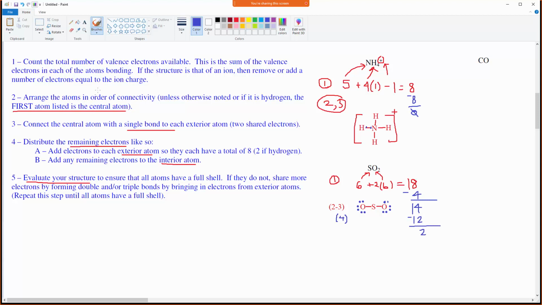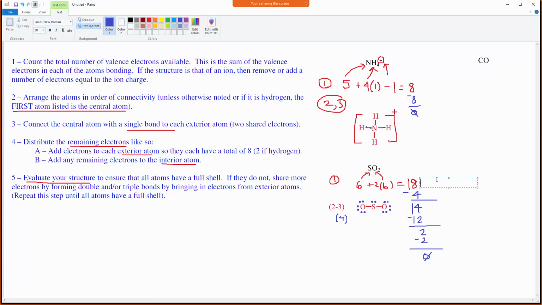So now I can move to step 4B and put the remaining electrons on the interior atom. So I'm going to put those last 2 electrons right there on the sulfur. And now I can come back here and say I've used my last 2 electrons, and now I'm all out of electrons. So now I can move to step 5.